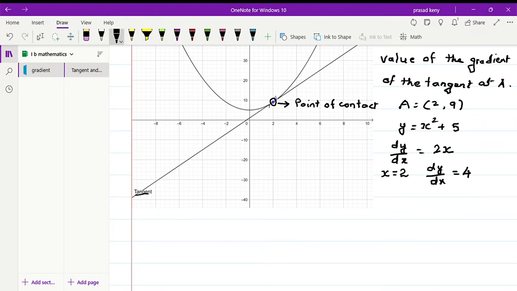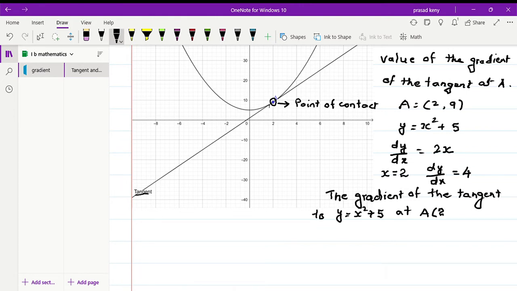And hence the gradient of the tangent to the curve y is equal to x square plus 5 at (2, 9) is 4.